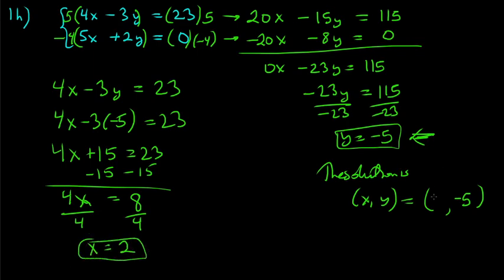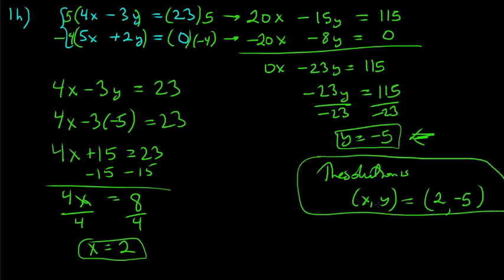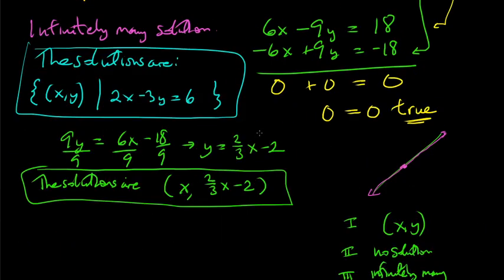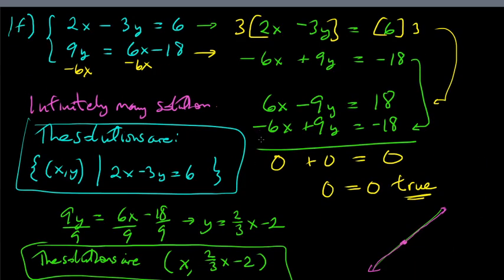So the solution is 2, negative 5. Right. We don't need the x and y here, but I just wanted to make sure you understood that you needed both the x and the y in the solution. All right, so I think that should help for number 1. Let's go on to number 2.